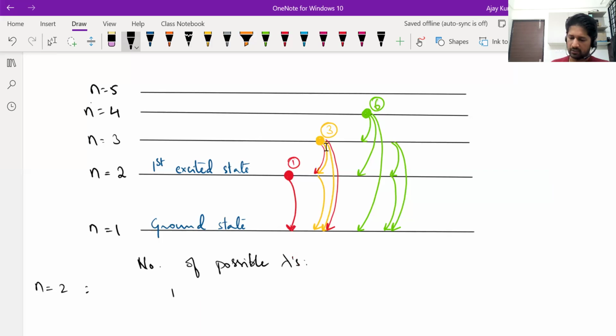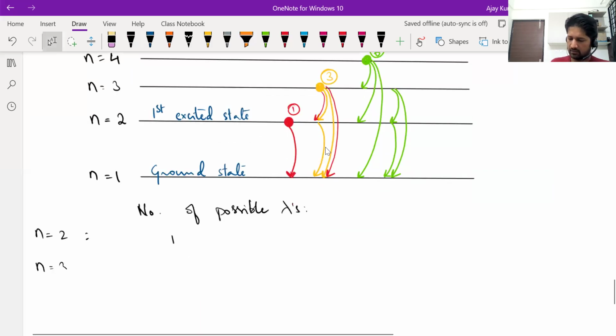Okay. But when it jumps from n equal to 3, when it is initially in orbit number 3, this 1 is possible, and in addition to this 1, 2 more are possible. 3 to 2 and 3 to 1. Those possibilities are there.